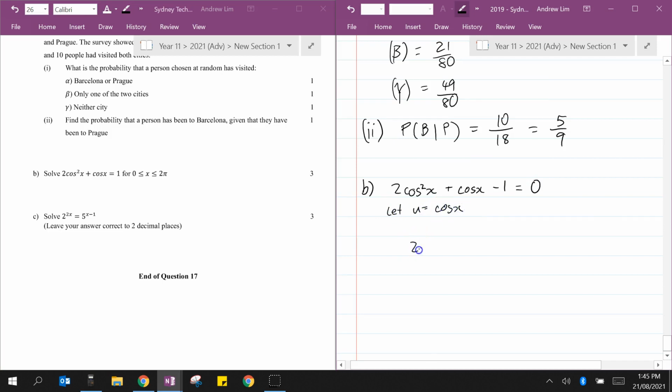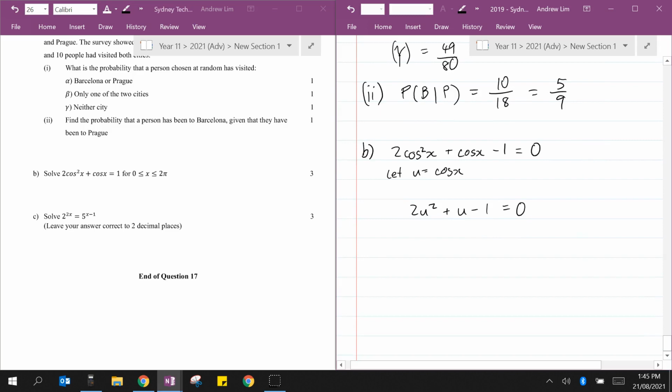So that means I've got 2u squared plus u minus 1 is equal to 0. And now I'm probably going to factorize this. So I'm looking for two numbers that multiply to negative 2, but add to positive 1. That will be 2 and minus 1.